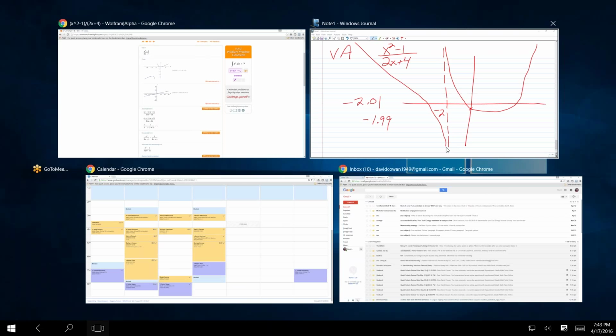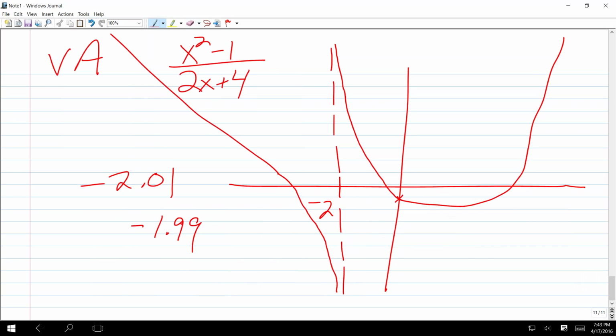It goes to negative infinity as we approach from the left, but then as x goes to negative infinity, this whole thing has to go to negative infinity. I should have realized that. So it doesn't look like that. It looks like this.